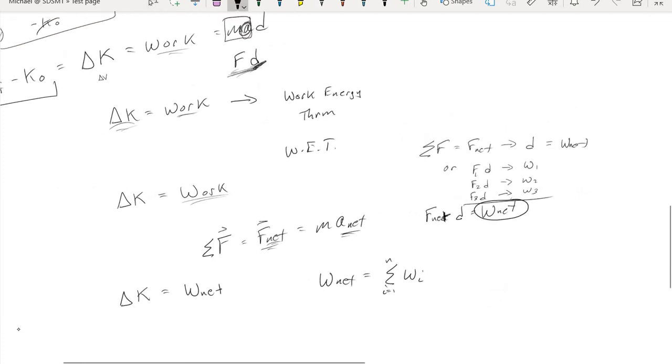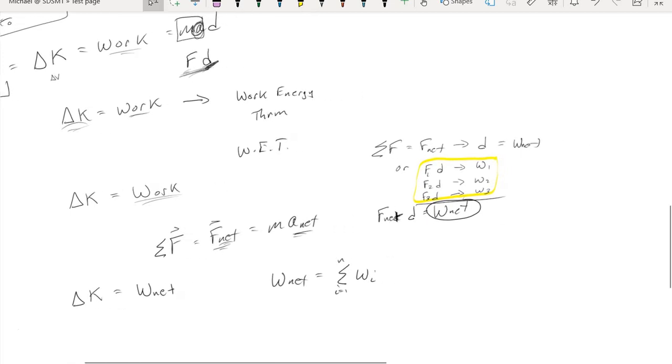The only question here is, which one would be easier for us to do? In my experience, it's this right here. It might look like more work, but keep in mind that doing a sum of forces means adding up vectors.